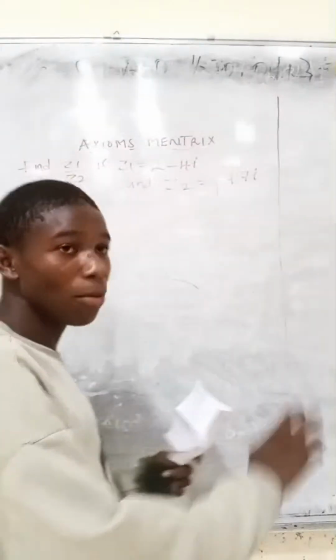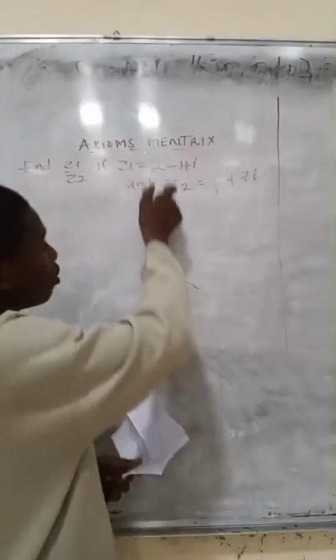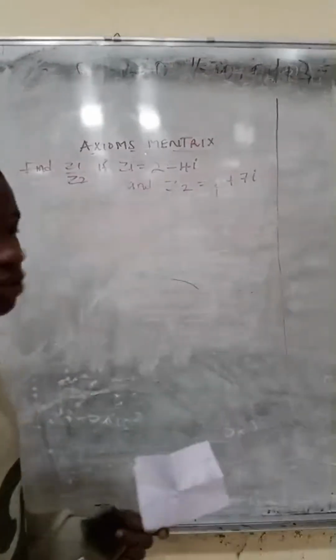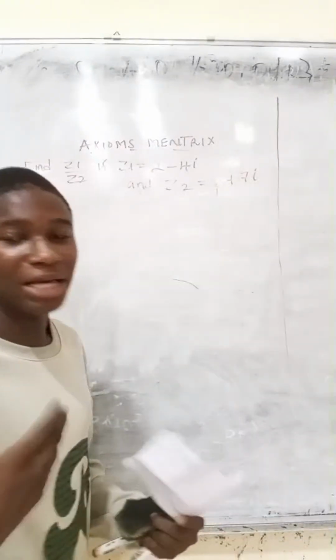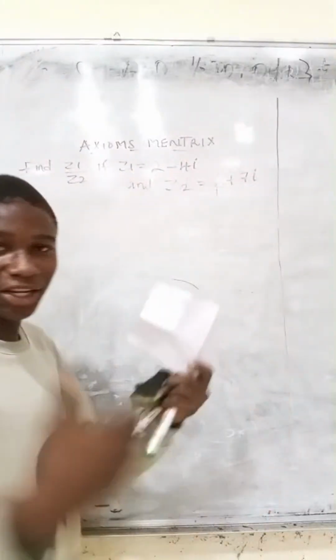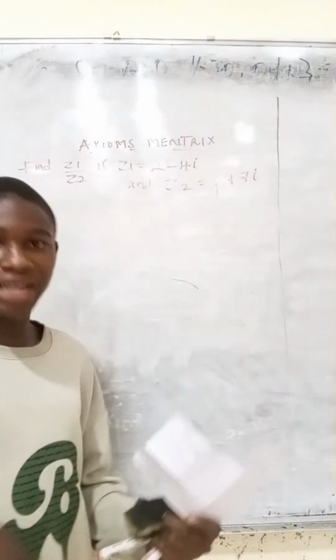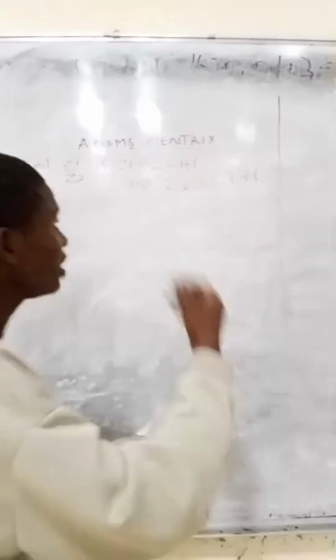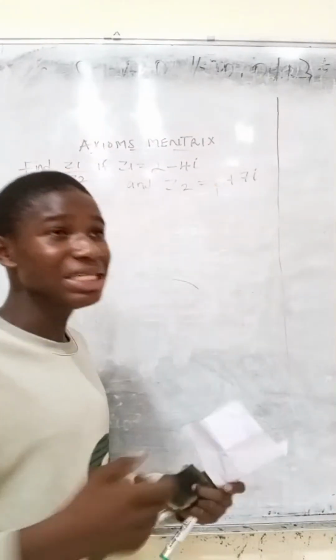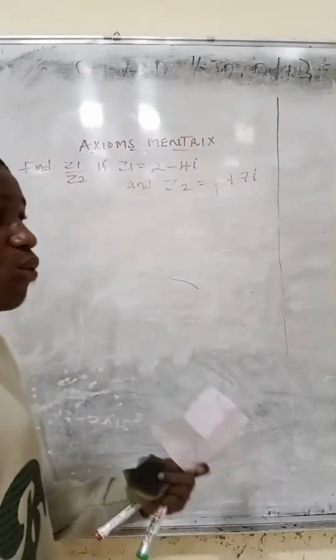The real number is just the normal number, more like a constant. Then my imaginary part is the combination of the coefficient of the imaginary number and the imaginary number itself.